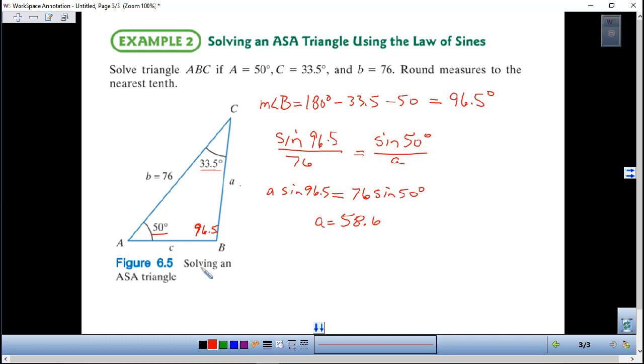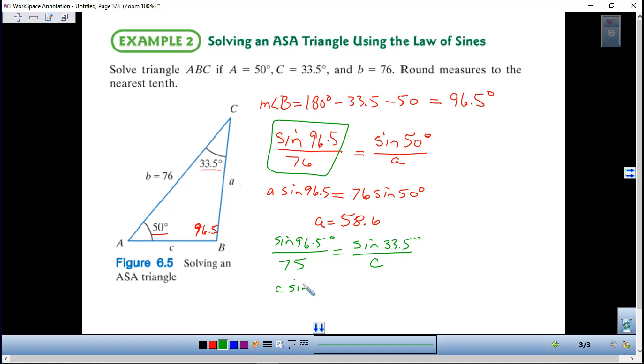Now you'll just do exactly the same thing. You'll still use this one, and you're going to use it to solve what side C is. So we would have the sine of 96.5 divided by 76 is equal to the sine of 35.5 degrees divided by side C. Cross multiply again.